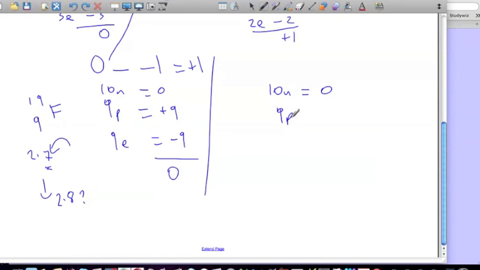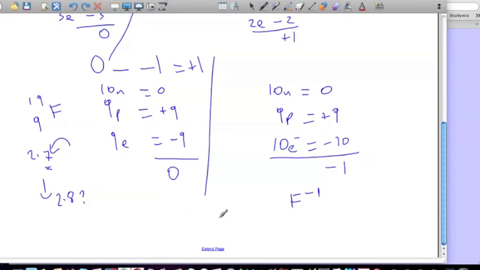You have 9 protons, which is +9. But it will have 10 electrons, which is -10. So the new charge is -1. And we would write fluorine as F minus or F -1, but often it will just be minus.